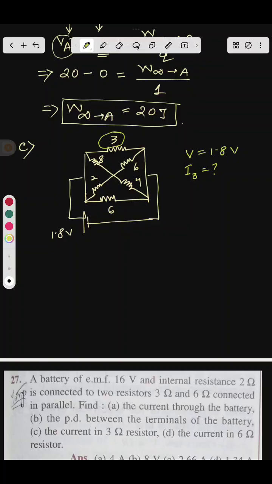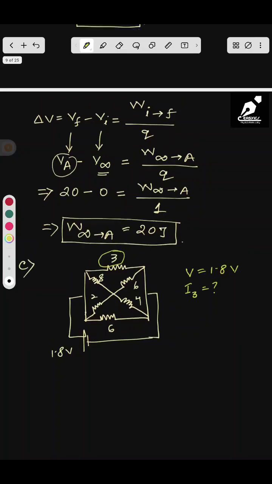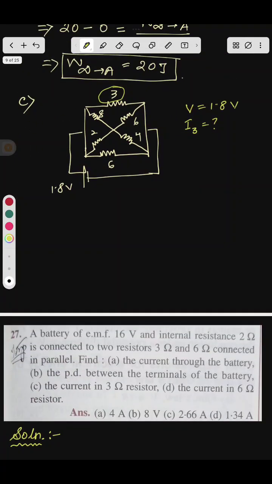Okay, fine. Now the given circuit appears a little bit complex. The thing is not complex, it is about our thought process. Let us try to break the circuit and make it easy so that we can have an easier solution.